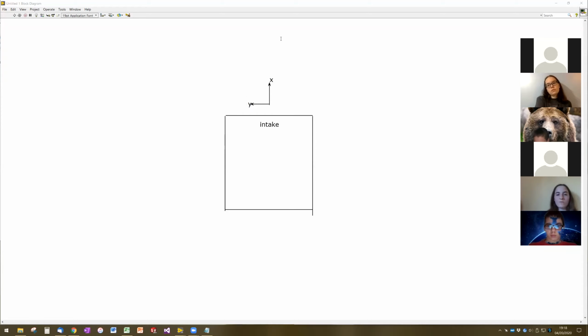And positive angle is this way. So that way is positive theta angle. So that is counterclockwise. So this wasn't completely arbitrary.